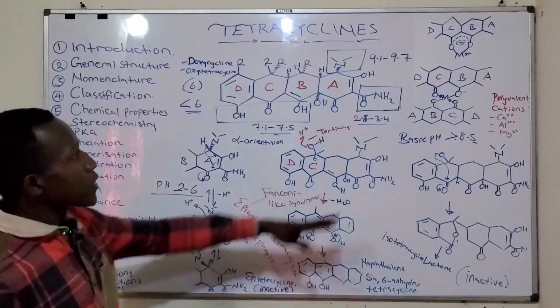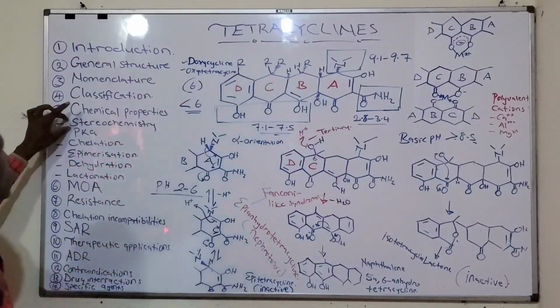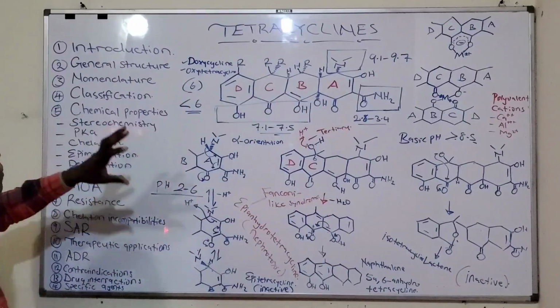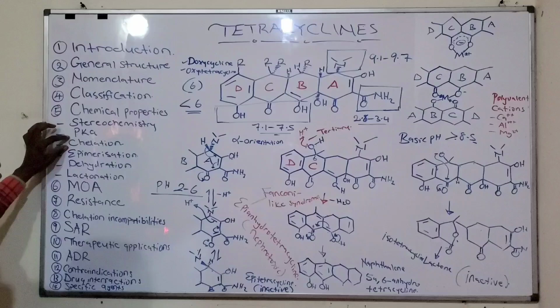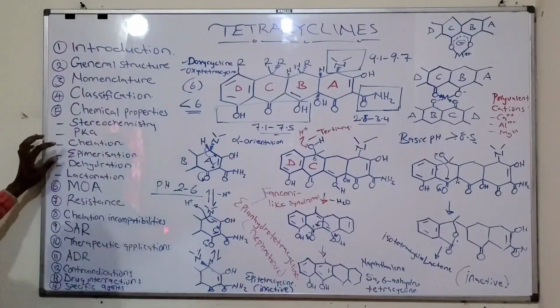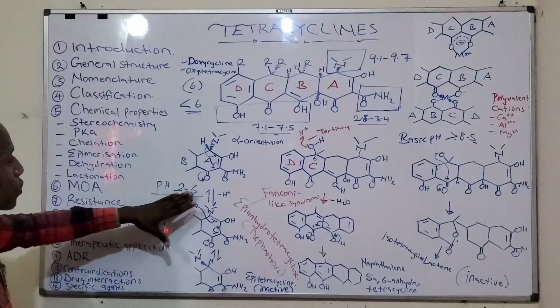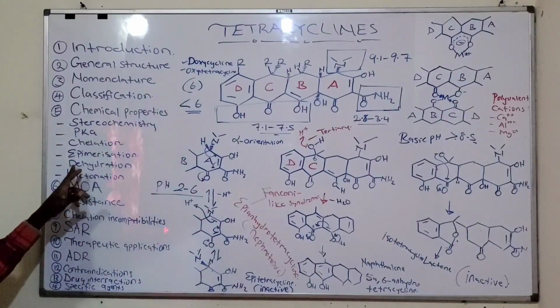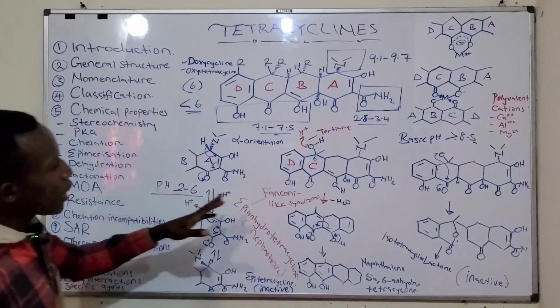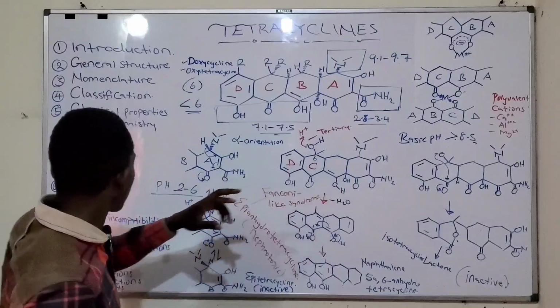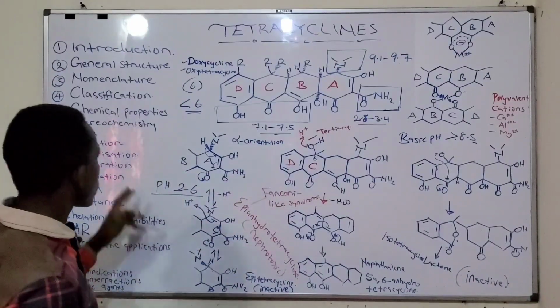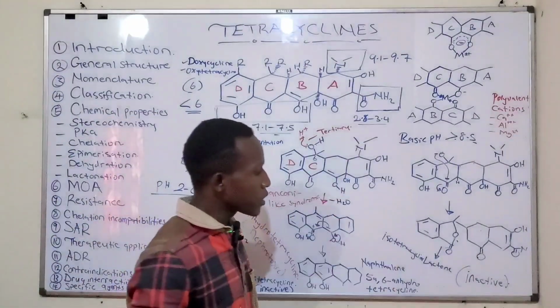It is isotetracycline lactone, and it's also inactive. So we have seen the stereochemistry. We talked about the pKa. There are three. Chelation, we have seen chelation. Epimerization, we have seen it at pH of 2 to 6. Dehydration at pH less than 2. Then lactonation occurs at basic pH.